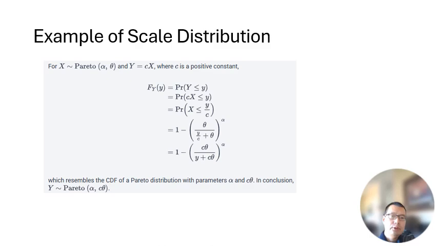Then since we know X follows a Pareto distribution, we can write it out as this. And further it can be organized into this.